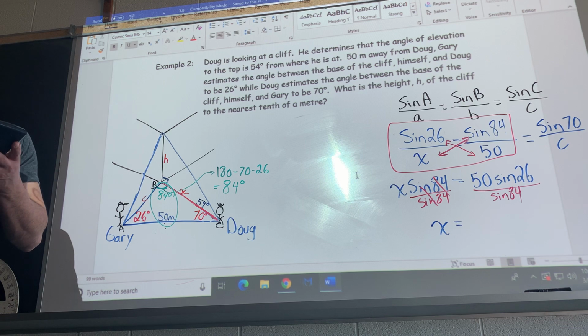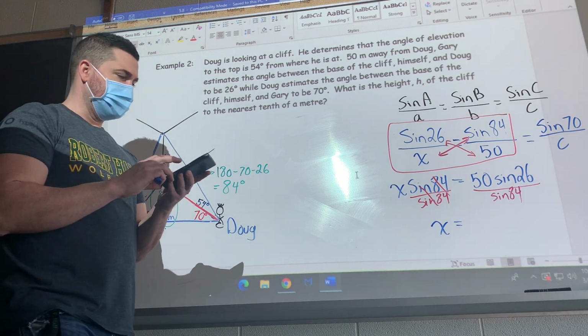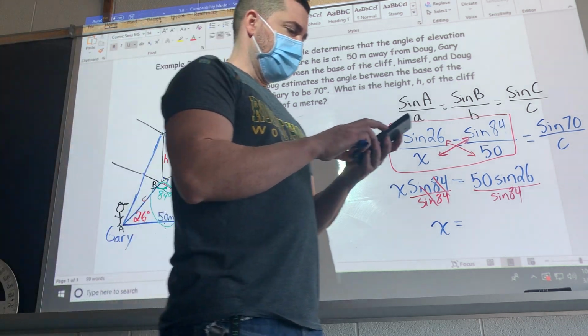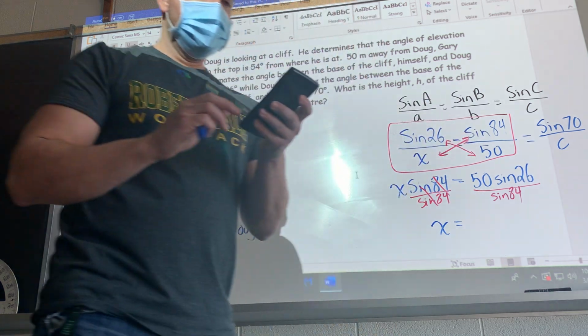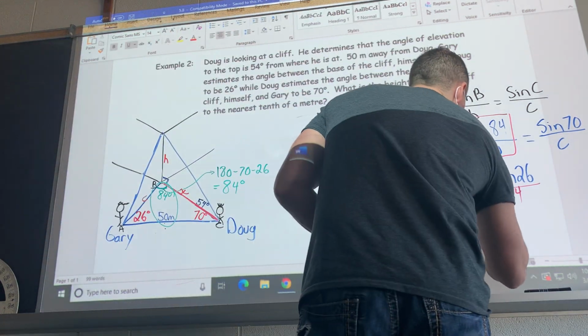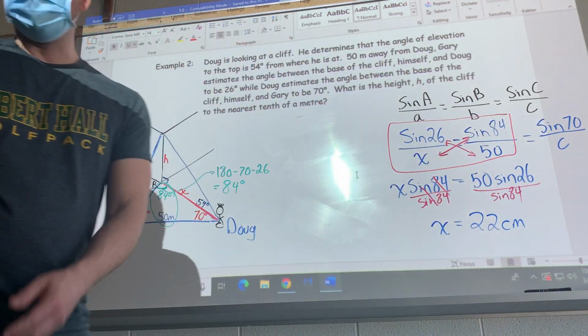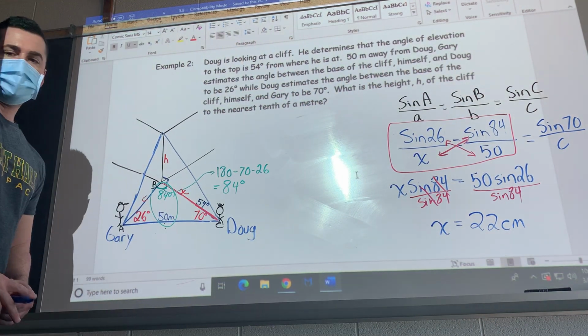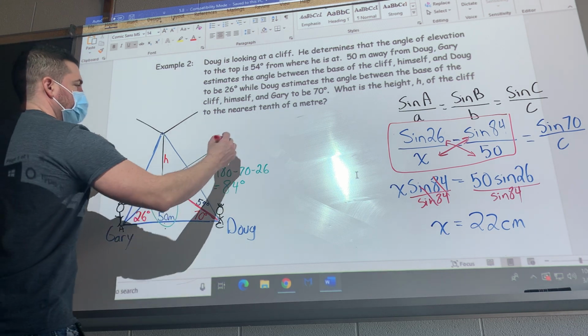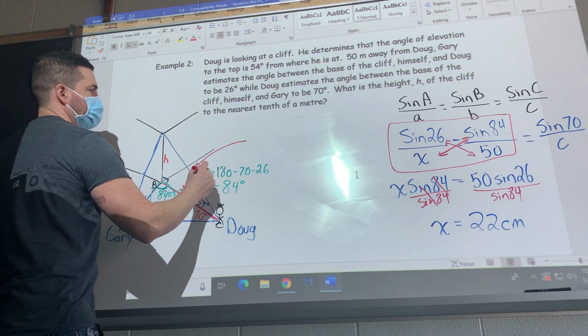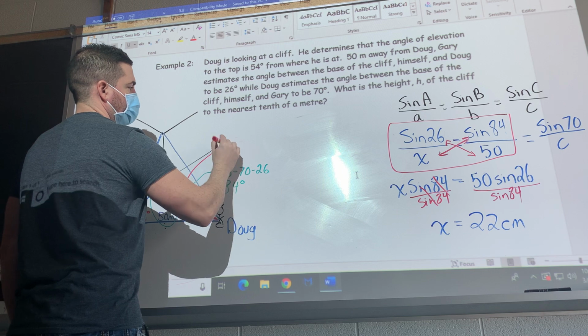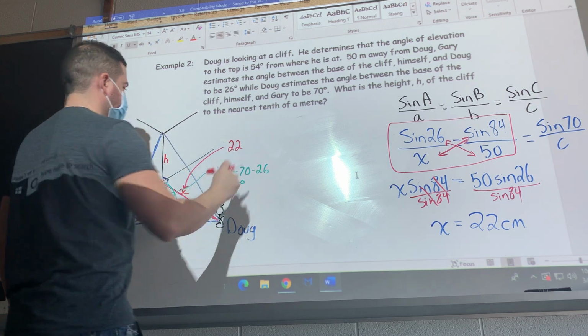So 50 sine 26 divided by sine 84 gives me 22 centimeters. It's 22.03. We'll just use 22, so x is 22.